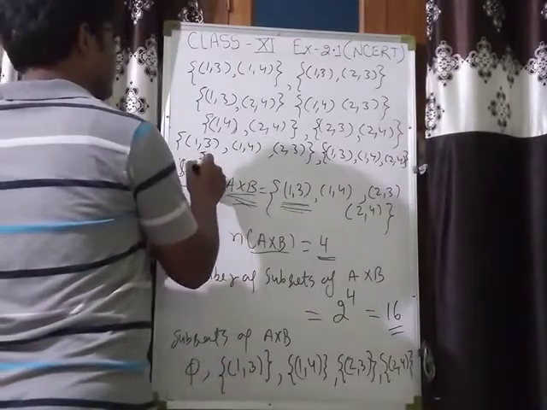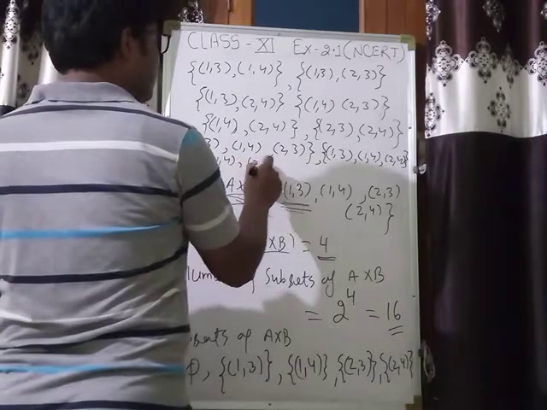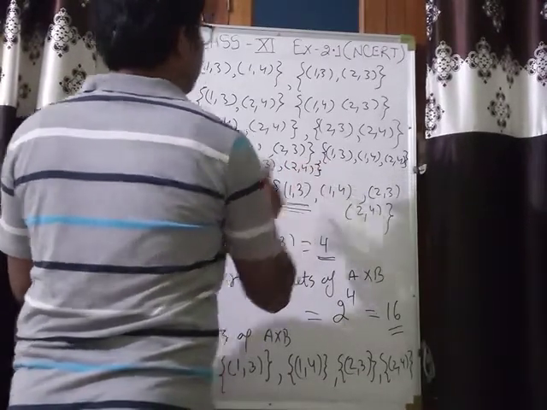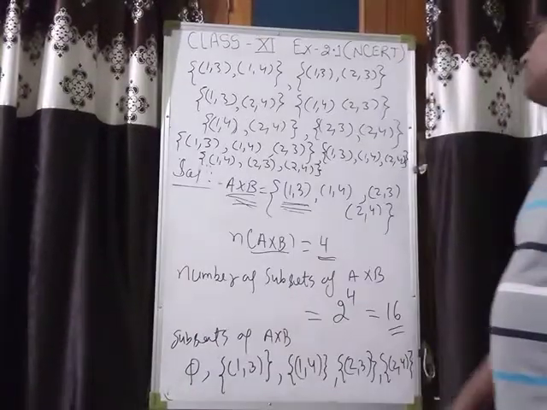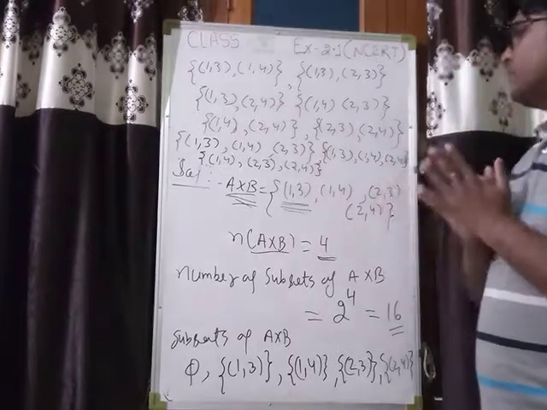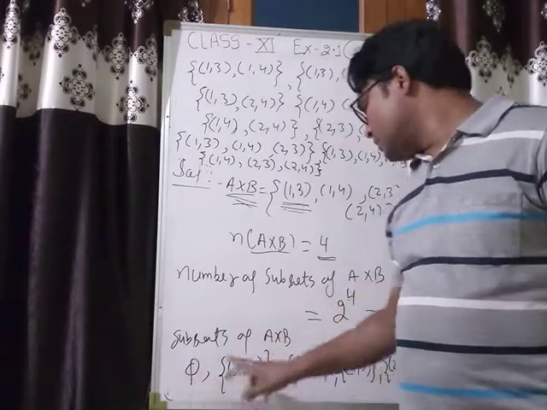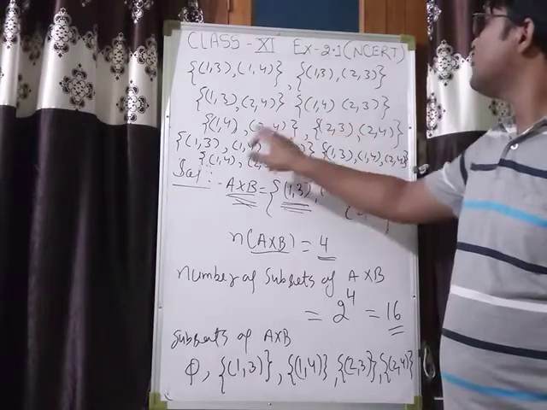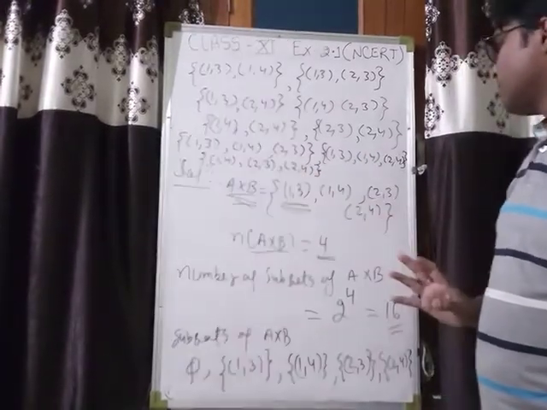Then {(1,4),(2,3),(2,4)}, this one. Okay. So these are subsets having 3 elements. Now count how many subsets we have now: 1, 2, 3, 4, 5, 6, 7, 8, 9, 10, 11, 12, 13, 14.